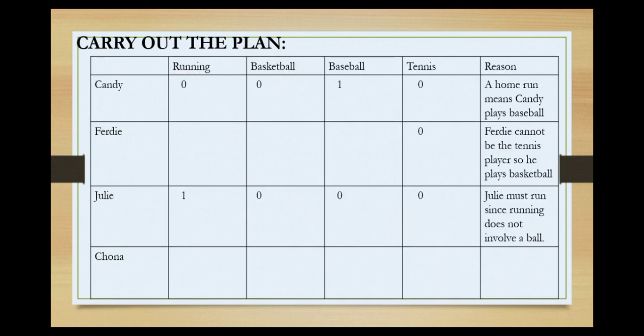We can see that there are 2 people left, Ferdy and Chona. The sports that are left are basketball and tennis. Of these 2 sports, the one that fits Ferdy is basketball, while for Chona it is tennis because she is a girl. Therefore, we place Ferdy in basketball, while Chona is in tennis.